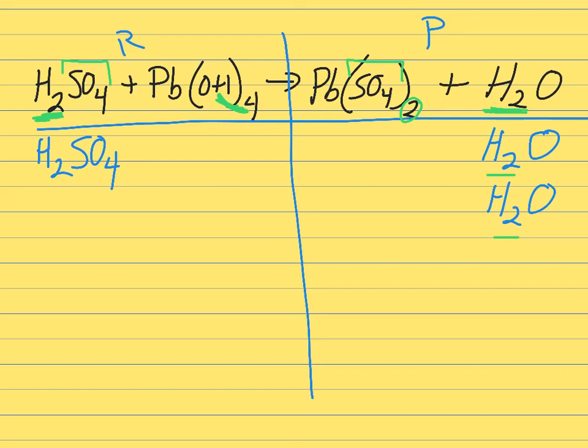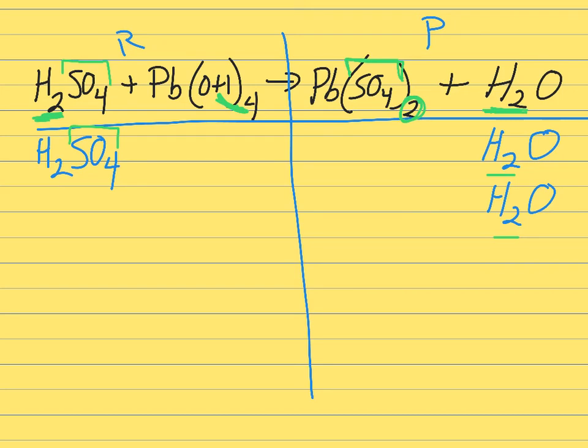So now I do have 2 SO4s, and I have 2 SO4s, so that looks good. Unfortunately, I've messed up my hydrogen a little bit. Always a good idea, once you do add something, especially if you add something that you've already counted, to go back and do a quick recount.